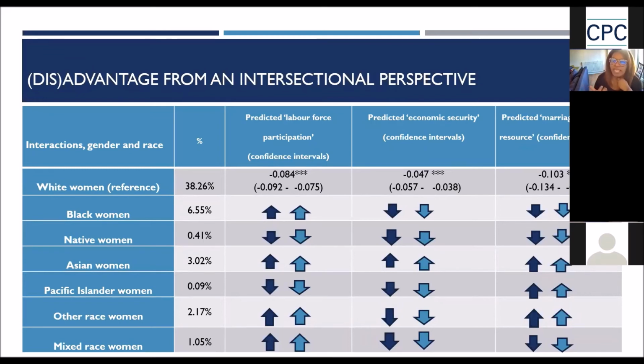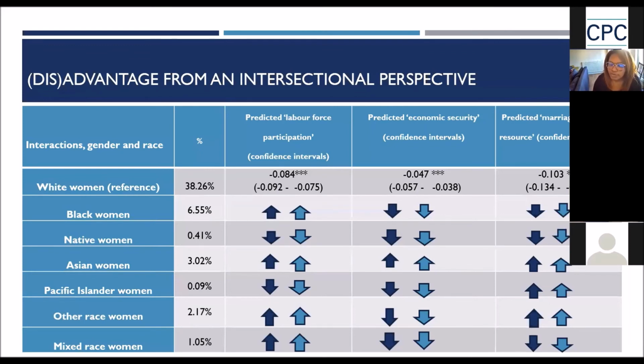Firstly, I found that there were some similar patterns in the directions found by just examining the means of each group. The lighter blue arrows represent the tested significance of the average differences between the different categories, and our reference category was white women.